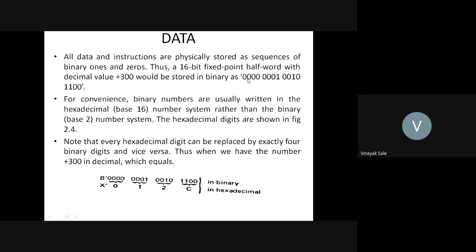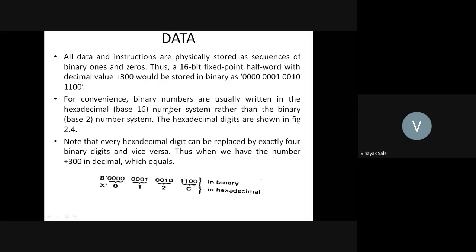Out of these 16 bits, the zeroth bit is 0, and whenever the zeroth bit is 0 then it is positive, otherwise it is negative. So it can be shown like this.